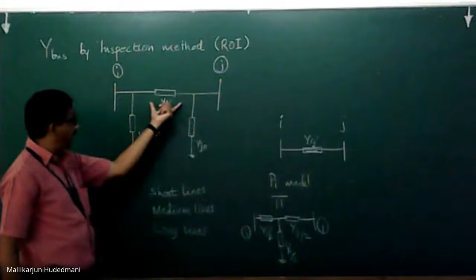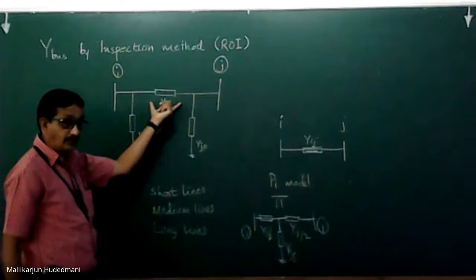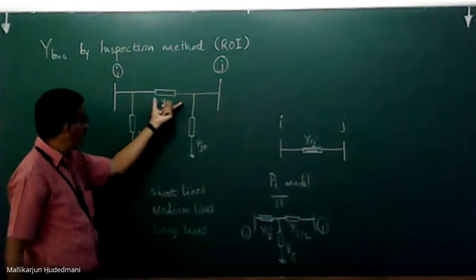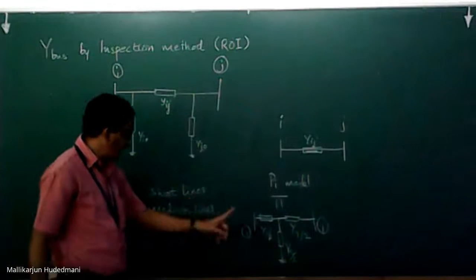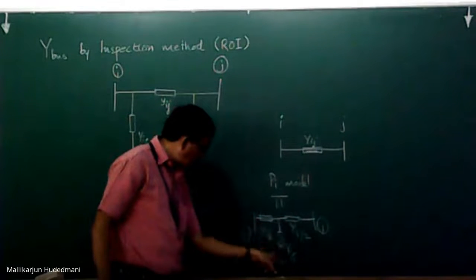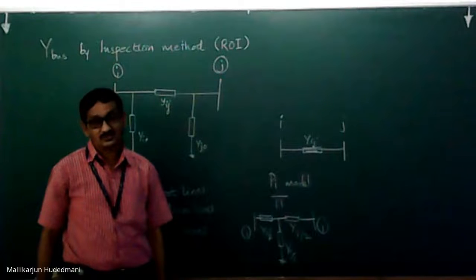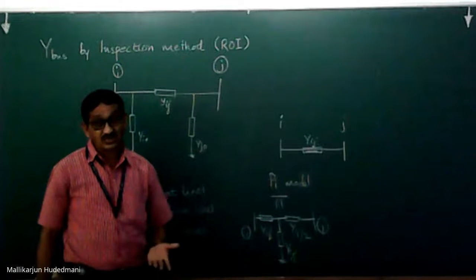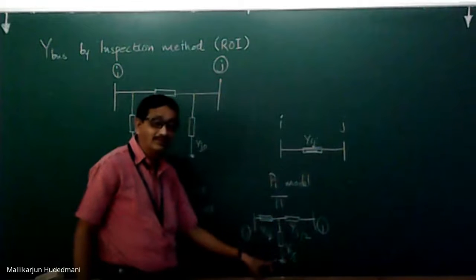The entire admittance, the elemental representation of an element between I and J, is cut into two halves, Yij by 2, Yij by 2, and central to which we represent the capacitive admittance. The half line charging admittance is totally represented at the midpoint of the transmission line representation.